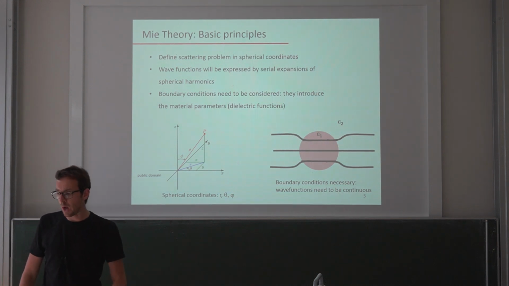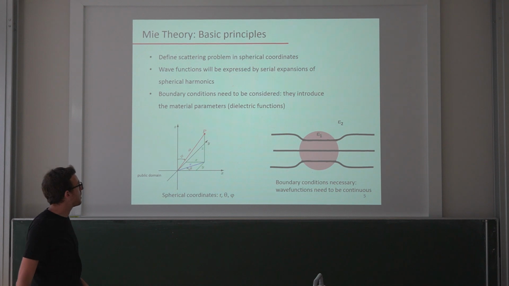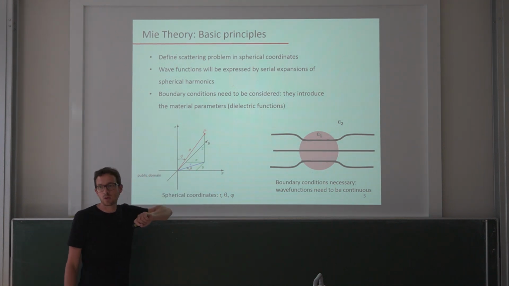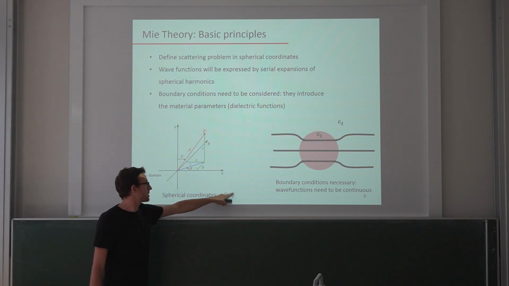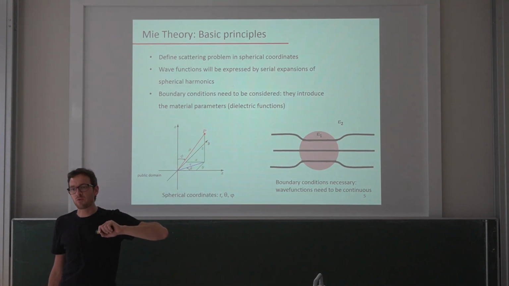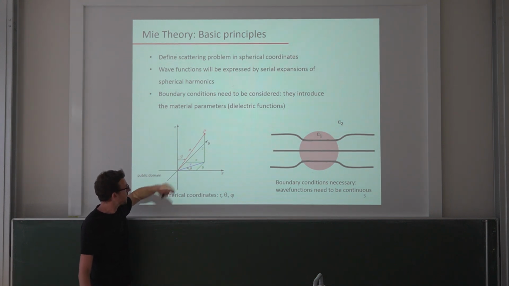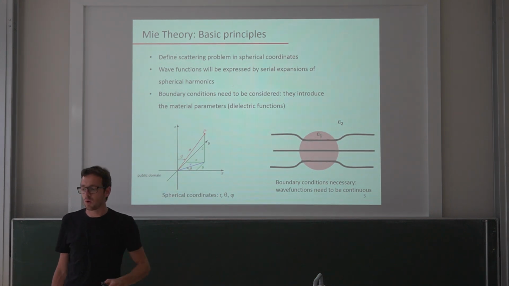Mie theory defines the scattering problem in spherical coordinates that we see here. So instead of x, y, z coordinate systems, you create a coordinate system that specifies a location via two angles, this angle here and this angle, and a distance to the origin.